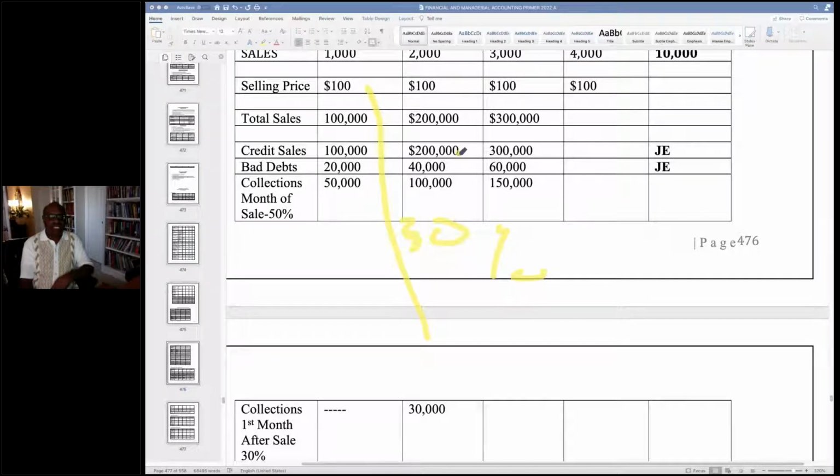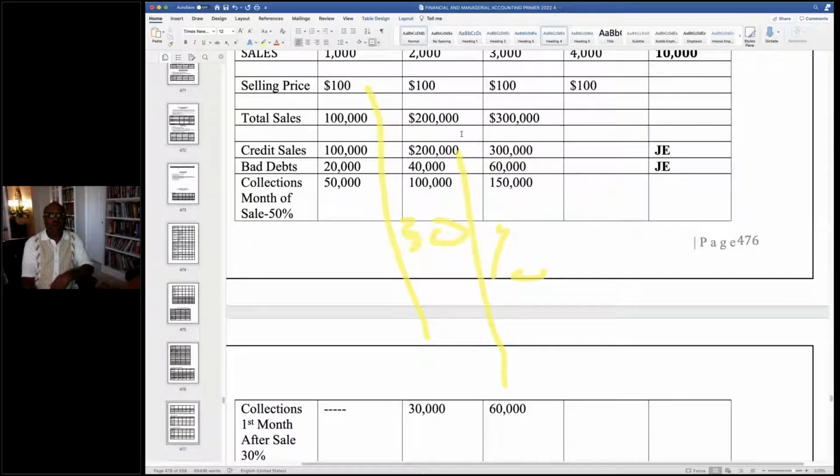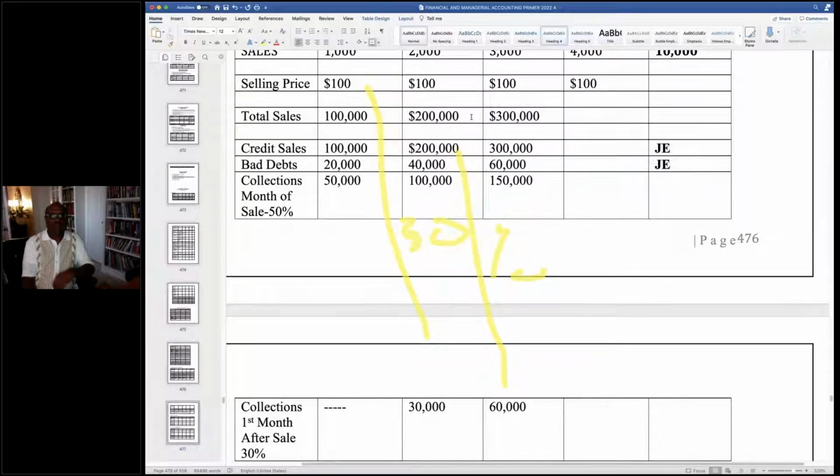We're gonna take this number and drag that over here and take 30% again, 60,000. So our total collections now are what? 210?